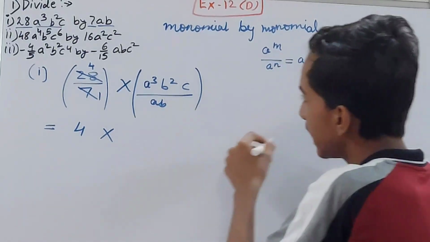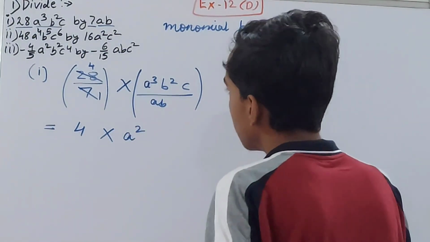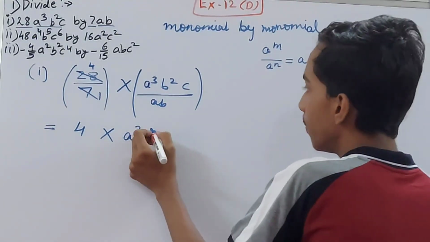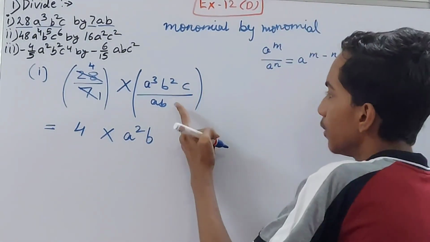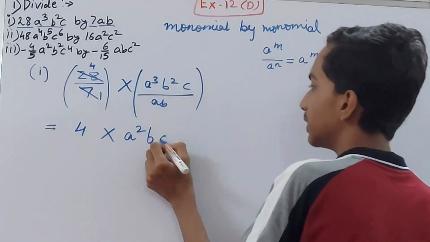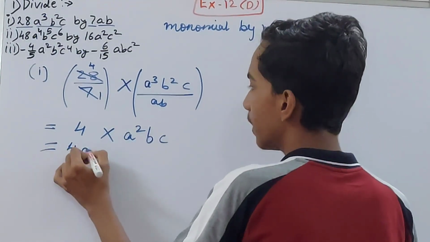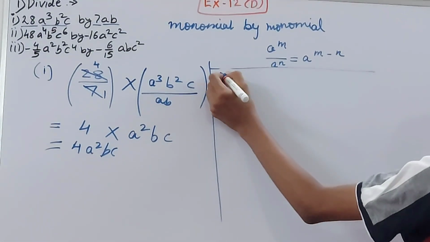So m minus n, same here, 3 minus 1, that means a square, b square and then b, so 2 minus 1, that is 1, so simply b. And c, there is no other c in the denominator, so you write c as it is. So what do you get? 4a square bc.